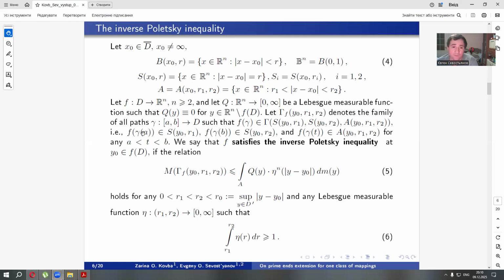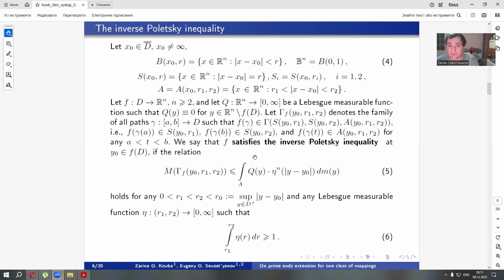Namely, f(gamma(a)) belongs to the sphere S(y_0,r_1), f(gamma(b)) belongs to the sphere S(y_0,r_2), and f(gamma(t)) belongs to the annulus A(y_0,r_1,r_2) for any t bigger than a and not greater than b.